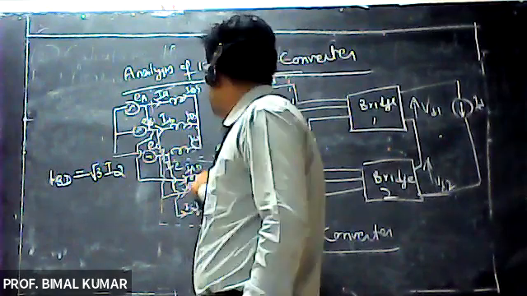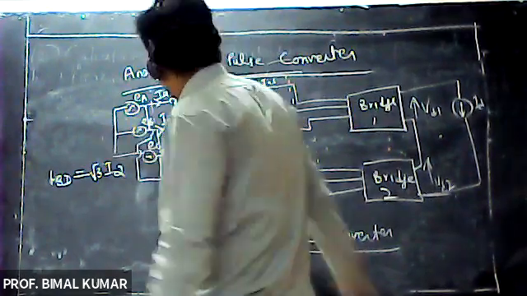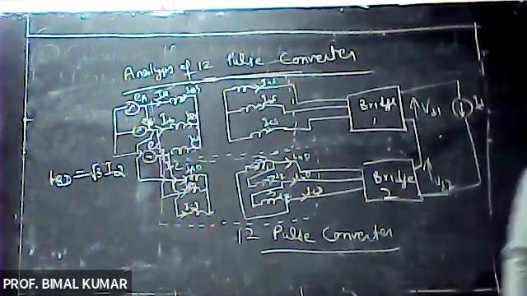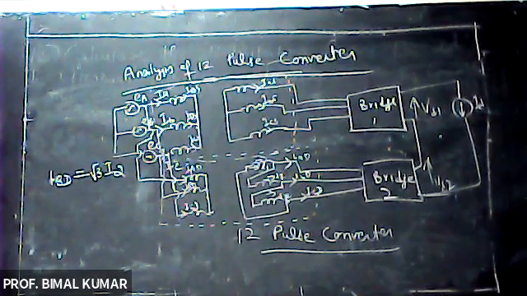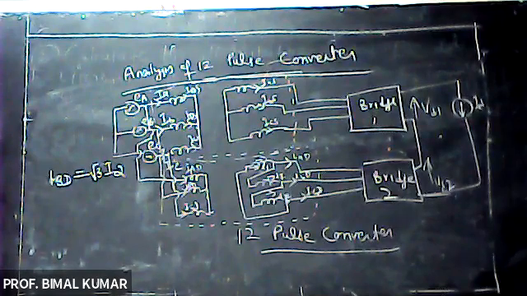Here it will be IBD. This will be in star and this will be in delta. So IBD is equal to under root 3 times I2, right? Where I2 is the current flowing in the secondary winding that is coupled with phase B. Right?